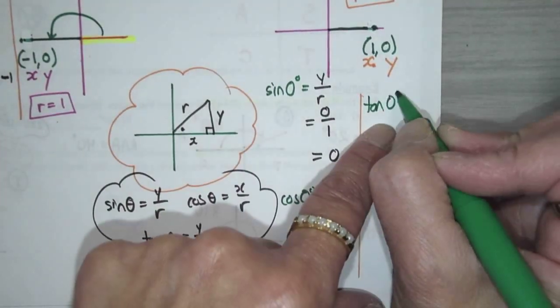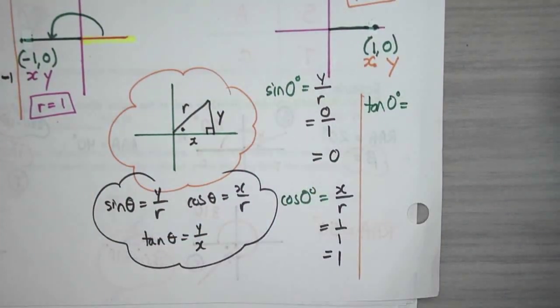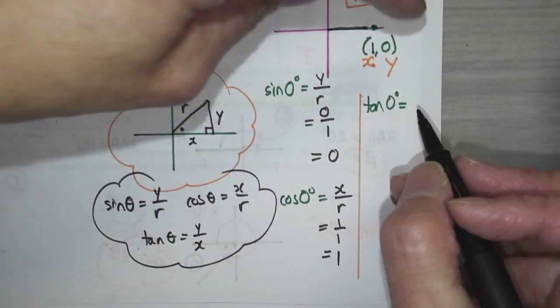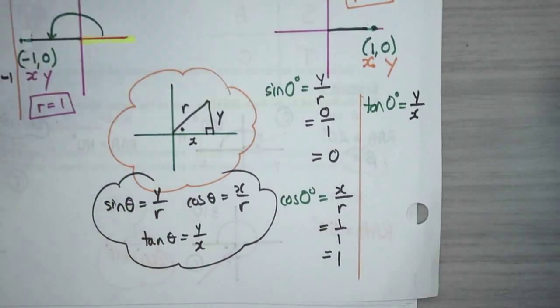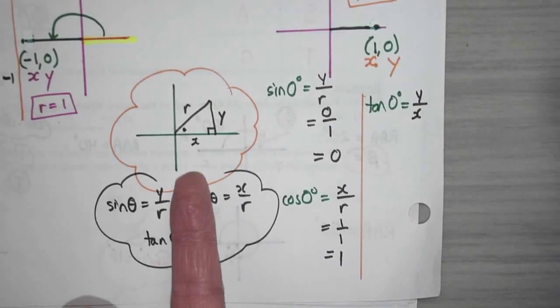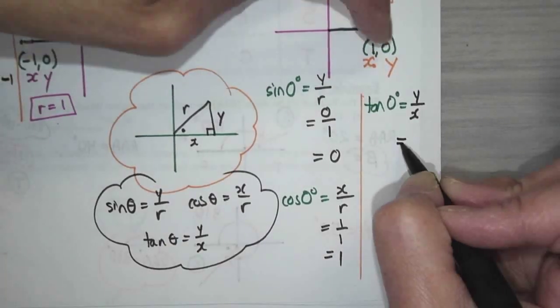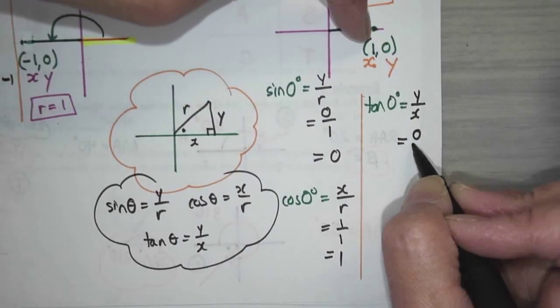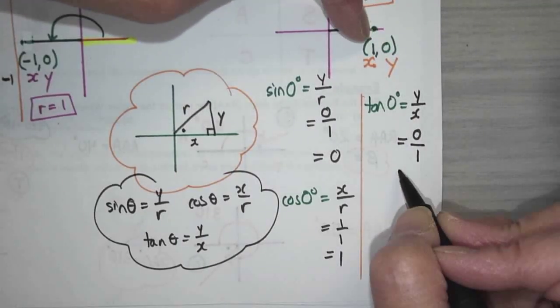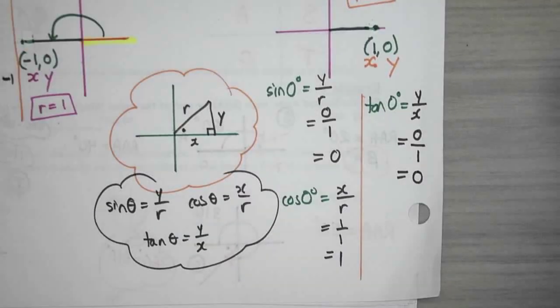Okay, tan of 0 equals what? What's my formula? Y over x, right? And that's why some people memorize it. They're like, I've done it so many times I memorized it. If you ever forget, though, draw the diagram. Okay? Y is 0. X is 1. So tan is 0. Good? Did I make any mistakes? 1, -1. Okay.